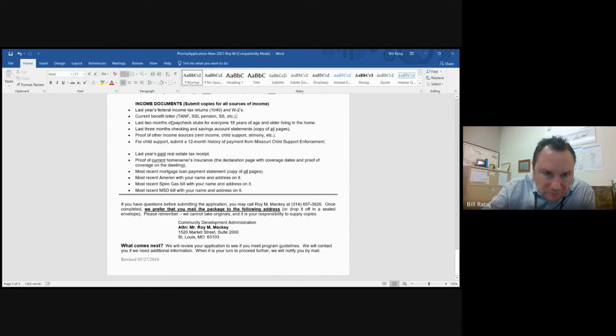All right. Now, the last 3 months of checking and savings account bank statements. This concerns a lot of folks, and we understand why it does. So first and foremost, this again is a HUD requirement. So the reason HUD wants to see this information, they want to make sure that all sources of income are accounted for.